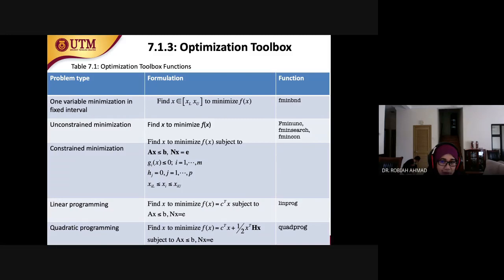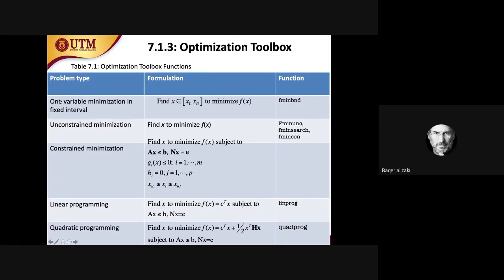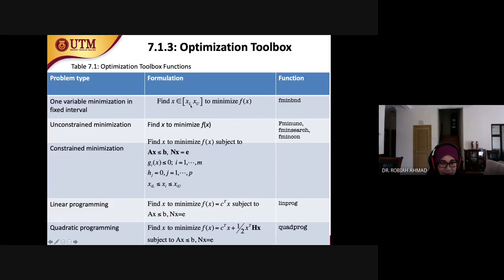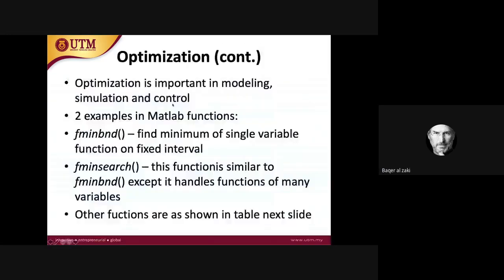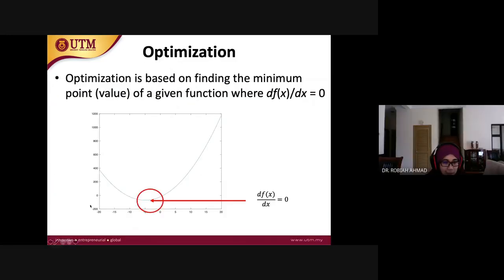So just like what we discussed before, fminbnd is for one variable minimization in a fixed interval. So we have the upper limit and the lower limit. And we want to find f, for example, just like the graph that I shared with you before. So let's say we have an interval between minus 20 to 20.